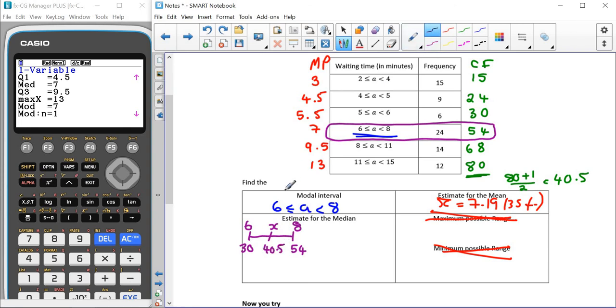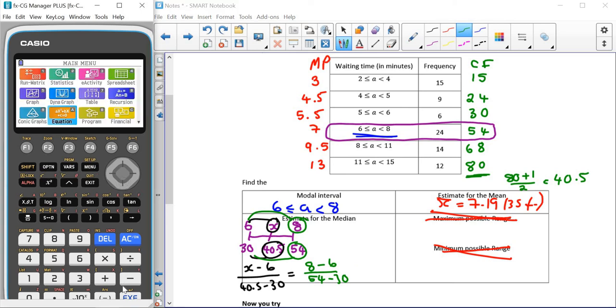So then we need to make our fractions. We're going to have x minus 6 divided by 40.5 minus 30 equals 8 minus 6 divided by 54 minus 30. Then we're going to put that into our equation part of our calculator.